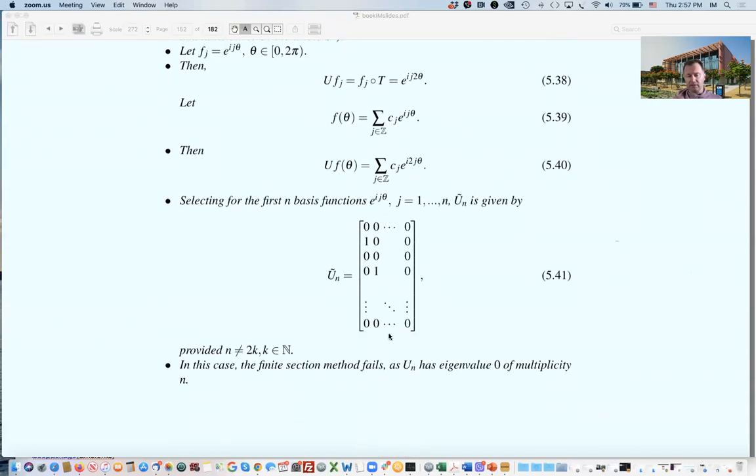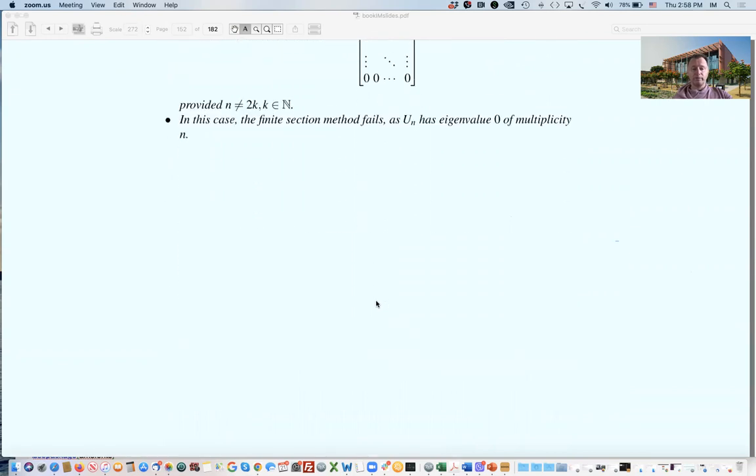And so the finite section method fails spectacularly in this case of chaotic dynamics. So one has to be quite careful in adopting methods like finite section for numerical computation, because in the case of your dynamics being chaotic, the choice of the finite section, such as this one, will lead to a large dichotomy between the spectrum of the finite section and the spectrum of the Koopman operator itself.